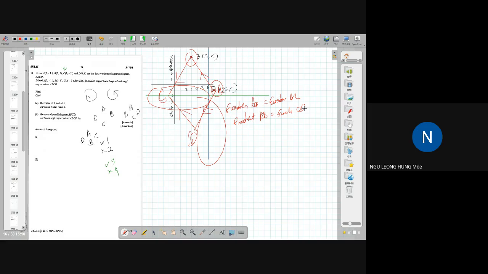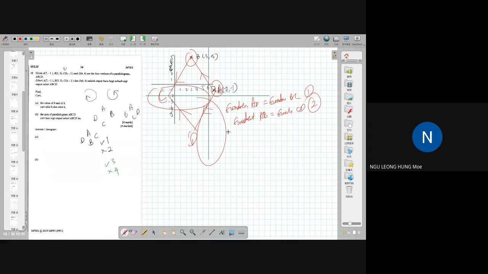This one can understand? So are you using this way also? No. So in this case, let's say you want to choose number 1 or number 2? Number 1, okay. Gradient AD.